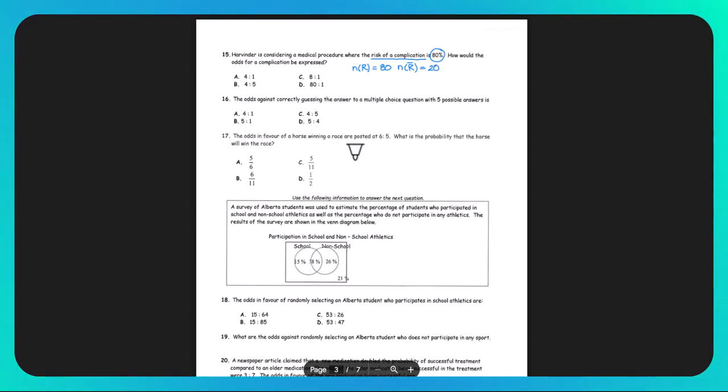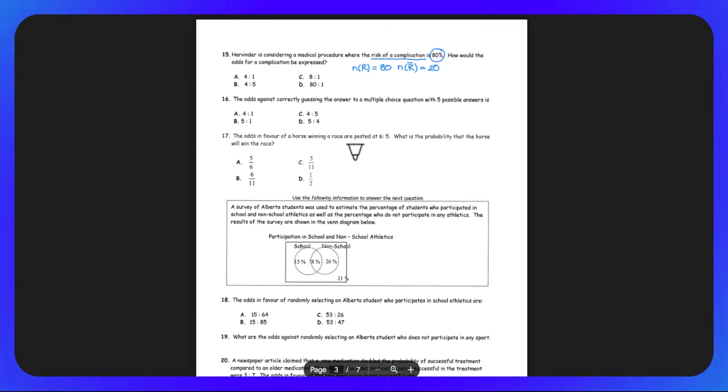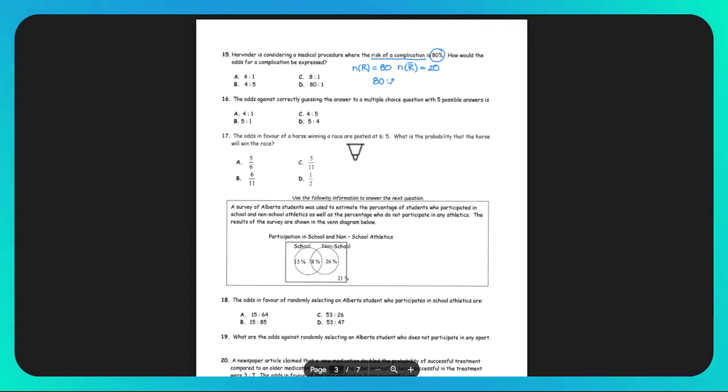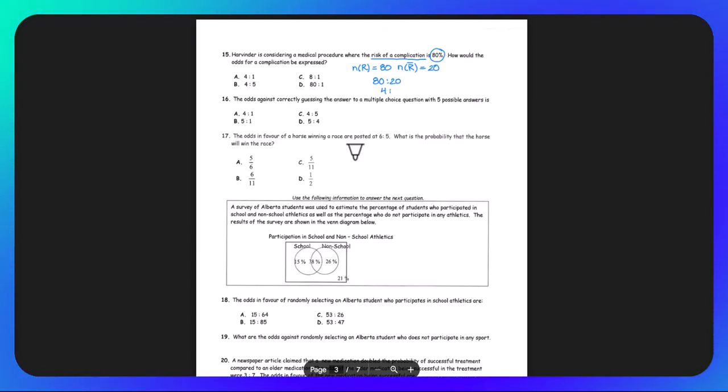Now this question is, how would the odds for a complication be expressed? Well, in that case, complication is the risk of complication. So we're going to say it's 80 to 20. Now both of these are divisible by 20, so the odds is 4 to 1. Another A.